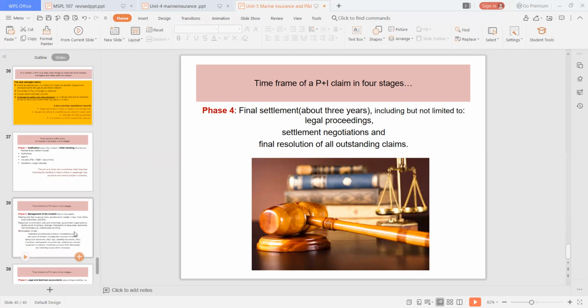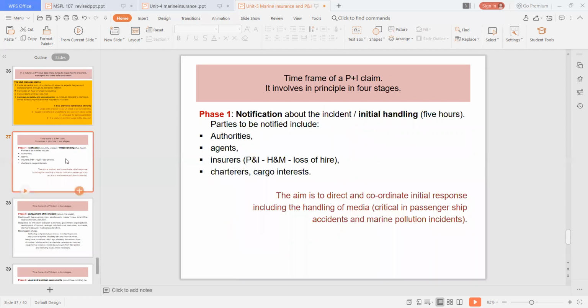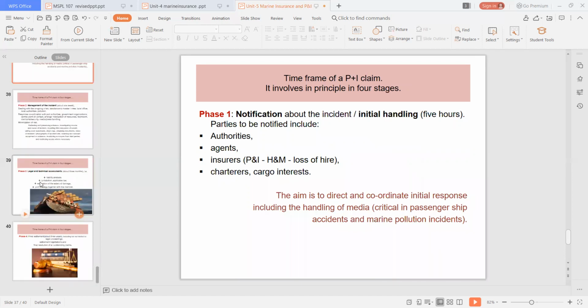So these are the very important stages, the time frame of a protection and indemnity claim. It involves four different stages. We've seen that also, right? So this is about Unit 5. Unit 5 is only about how it happens, how the clubs function, and what the important functions and phases are. So with this, we are finishing the subject. Unit 5 is also over, right?